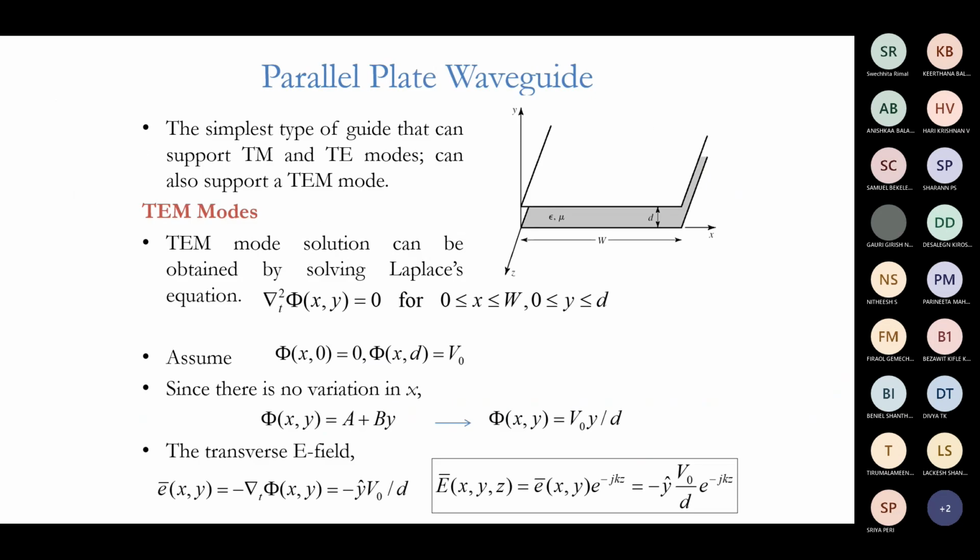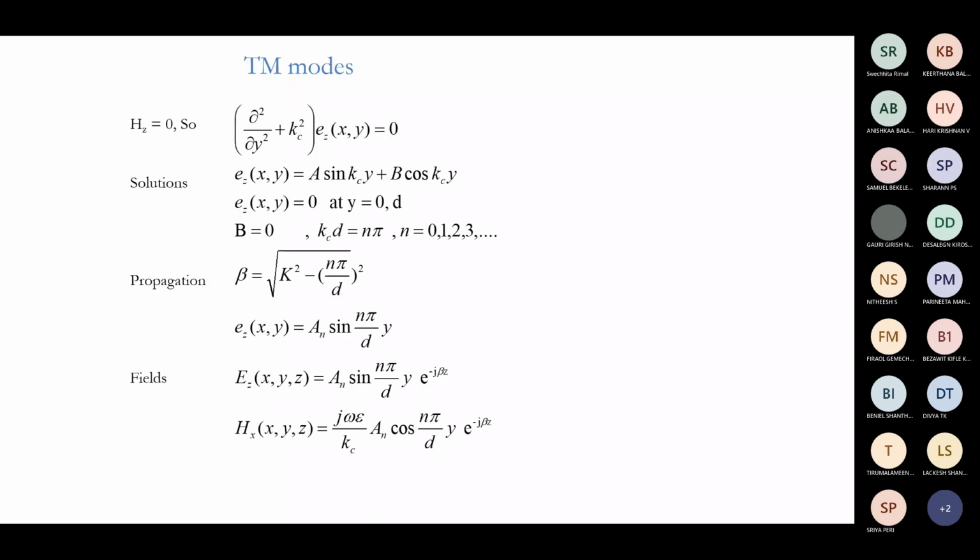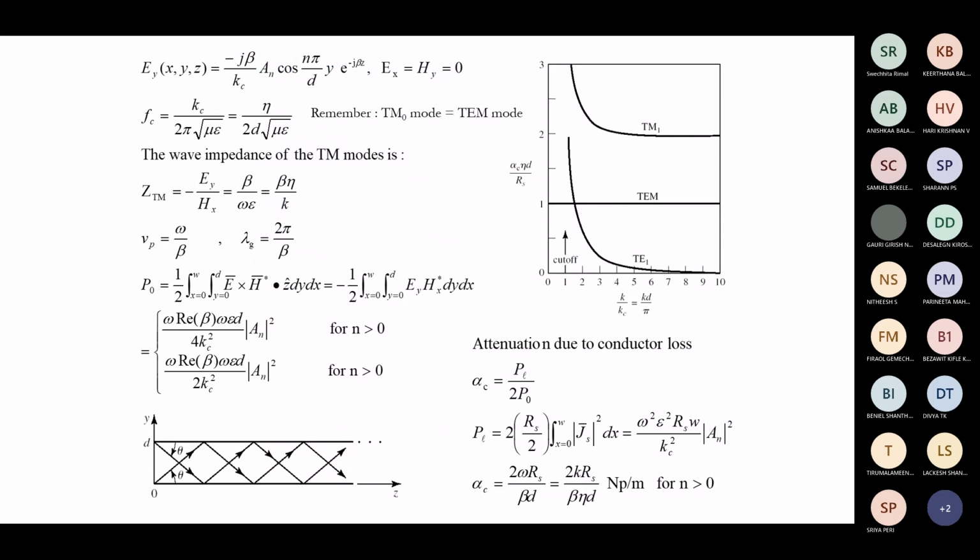For this, we have taken a simple example of a parallel waveguide as well as four-sided waveguides, as well as a transmission line. In all these, the propagation can be defined in terms of certain parameters, which we call the phase constant, attenuation constant, or propagation constant, often referred to as primary constants.